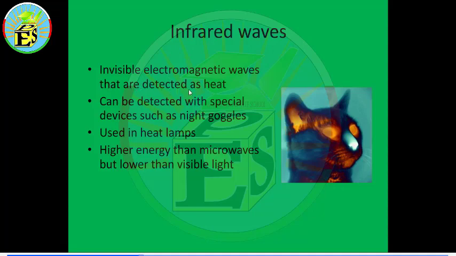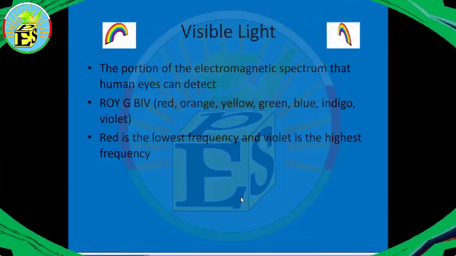Infrared can be detected with special devices such as night goggles, and is used in heat lamps and heaters. It has more energy than microwaves but lower than visible light, because visible light has shorter wavelengths.